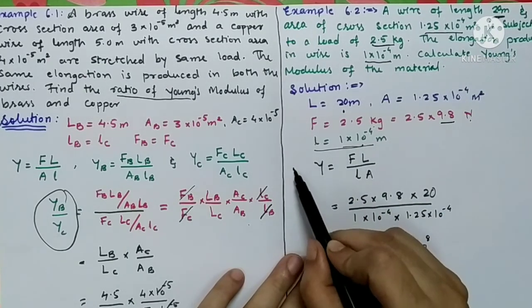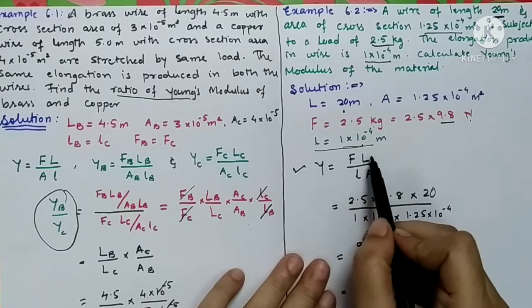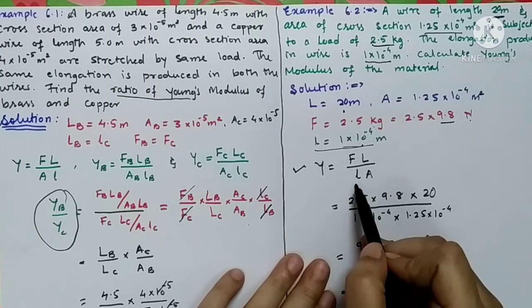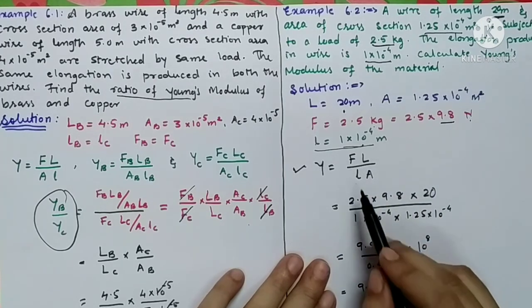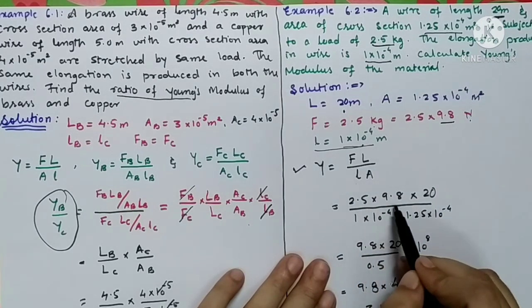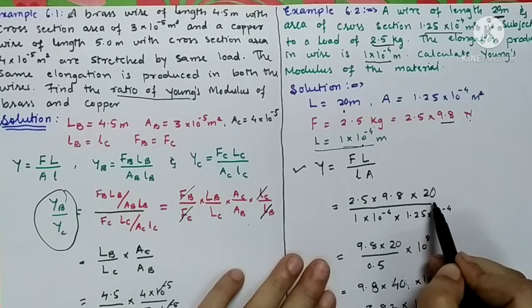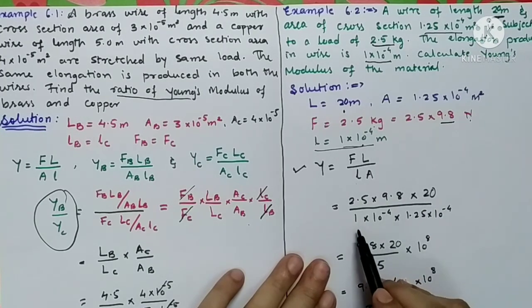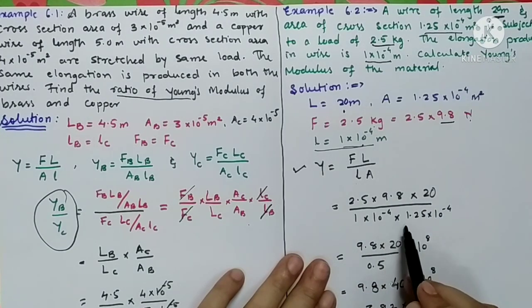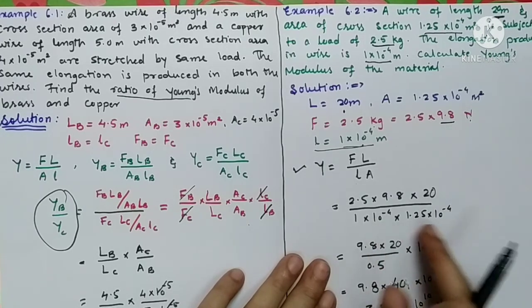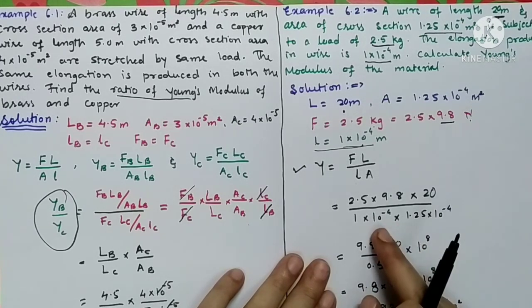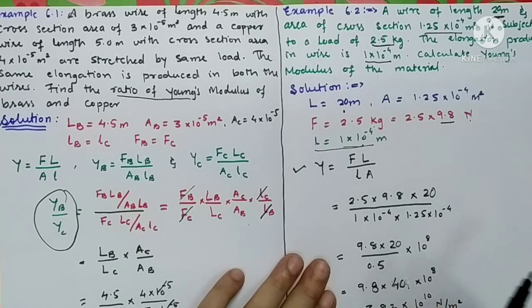Then by the formula of Young's modulus, F into capital L upon small l into A, just substitute the value of F. It is 2.5 into 9.8 into 20, the original length, upon 1 into 10 raised to minus 4 into 1.25 into 10 raised to minus 4. These two 10 raised to minus 4 will become 10 raised to minus 8, and when it comes in the numerator it will become 10 raised to 8.